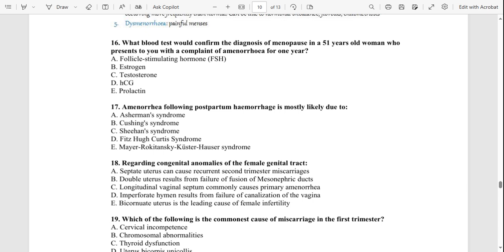Actually, that drop in estrogen production doesn't stop the anterior pituitary gland from releasing follicle stimulating hormone, which is the negative feedback. So you look at the levels of follicle stimulating hormone. If they are elevated, especially greater than 30 to 40 international units per liter for a period of 12 months or 1 year in someone that is over 50 years, then that is going to be a confirmation.